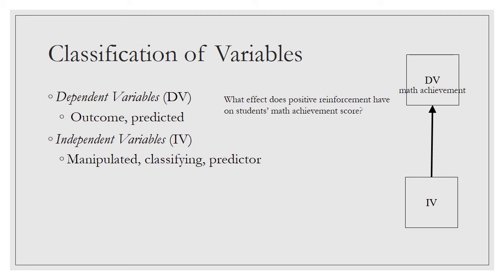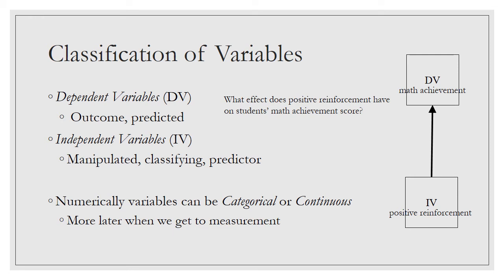We have control over the positive reinforcement, but we do not have direct control over their math achievement. So we have an independent variable. When I say control here, I mean we can manipulate the positive reinforcement in each classroom. In the simplest case, one classroom receives positive reinforcement and the other one doesn't. And then we can see whether or not there was an impact on the dependent variable of mathematical achievement.